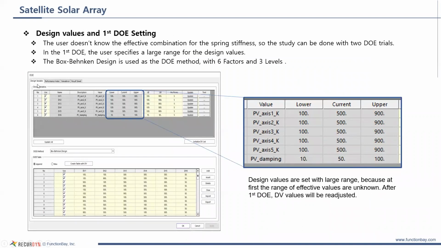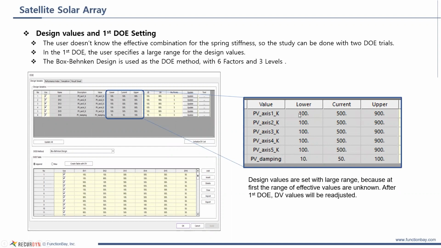All right, so in this example, once we bring up the DOE window, we have these particular values for the design variables. Because the user doesn't know beforehand what values would be good for these spring stiffnesses and the damping, we're just assigning a large range for each of the design variables.